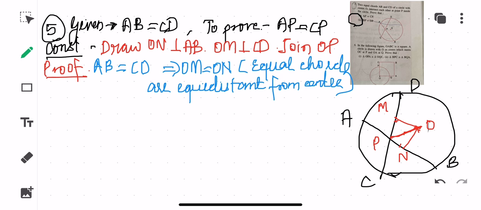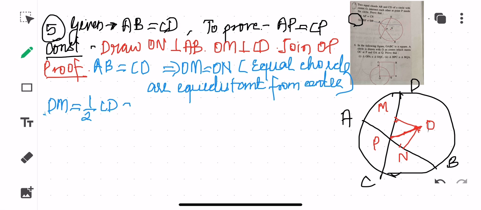Further, one more thing, children, that we will be writing, because that is an important part, I will be writing DM. Don't look into the figure, children, because the figure is not justifying the statement that I am writing. It will be DM is equal to, how much, children? DM will be equal to half of CD. Yes, it will be.